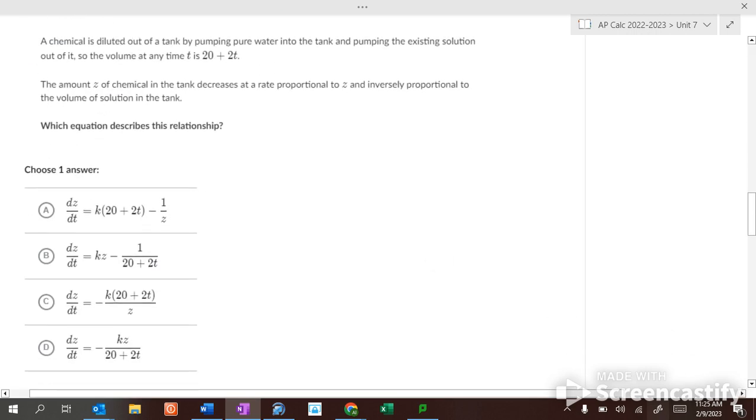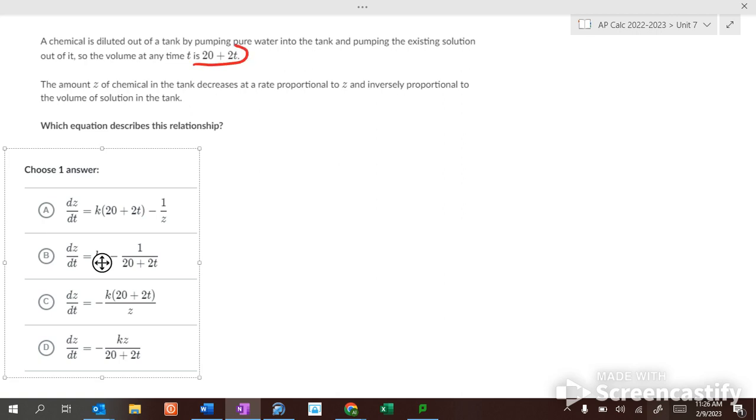Let's do one more. A chemical is diluted out of a tank by pumping pure water into the tank and pumping the existing solution out of it, so the volume at any time t is 20 plus 2t. The amount of chemical in the tank decreases at a rate proportional to z and inversely proportional to the volume of the tank. So the volume of solution in the tank is this.